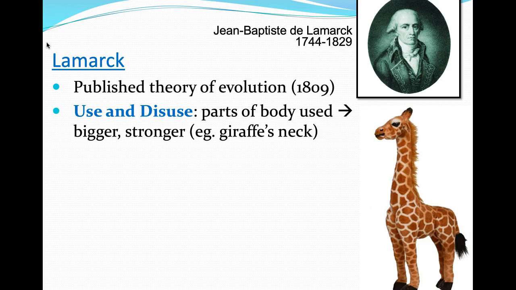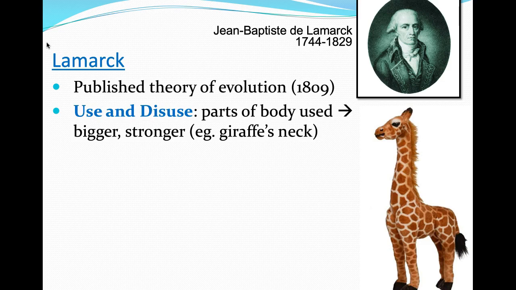One of his principles is the idea of use and disuse. And he used giraffes as a perfect example and explained that they have a really long and muscular neck because they essentially wanted it to be that way.